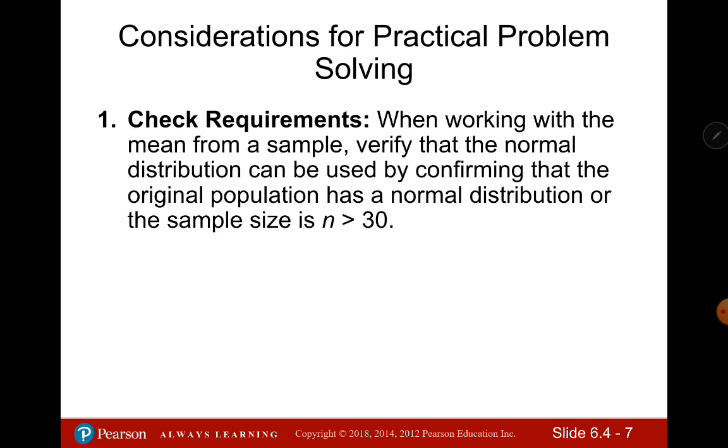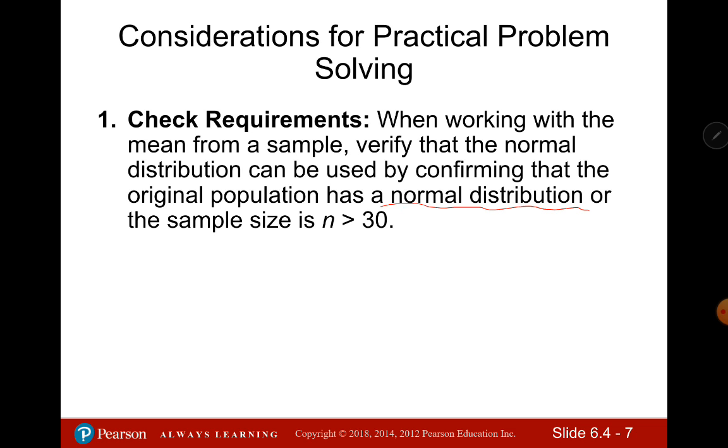Of course, each time you have a problem, you need to check the requirement. So again, if we know the original population is a normal distribution, then you do not need to check the sample size, because this is already enough to use the central limit theorem, the normal distribution.